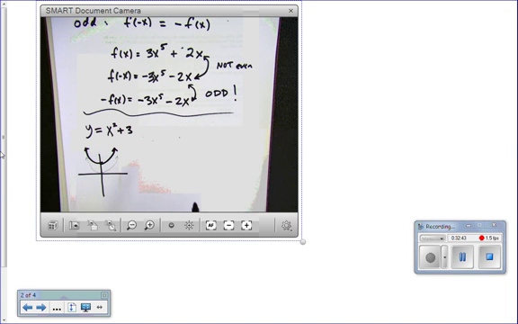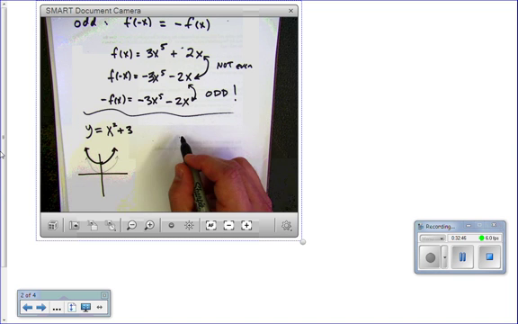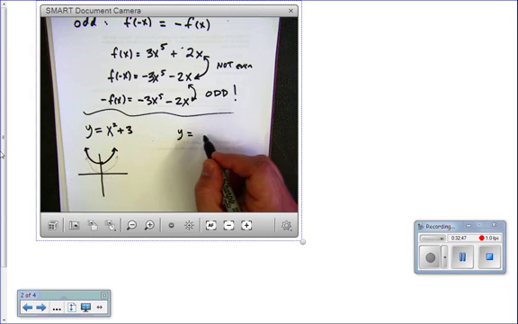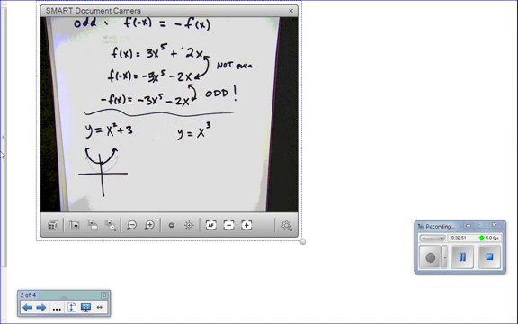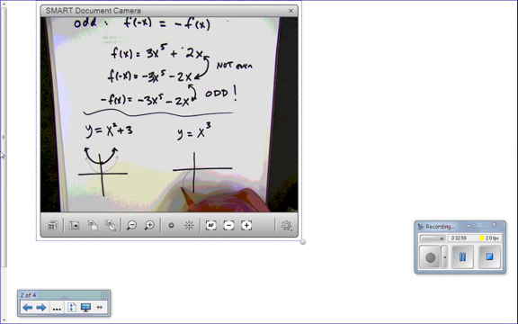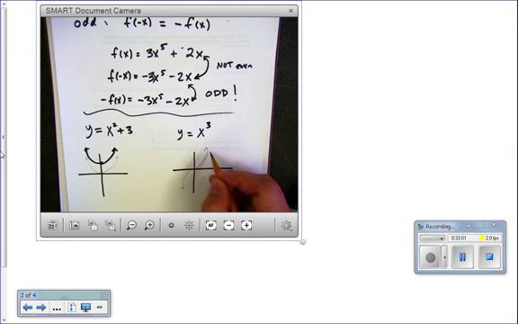Now let's look at an odd function though. Now this one we don't have as much experience with. This graph here, x cubed. Okay, we'll talk about it on Monday a little bit more. But now, when I look at the graph of x cubed, this is that snake-looking graph, something like that.